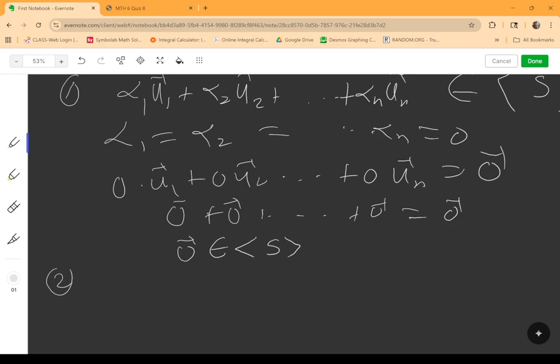Now let's show that it's closed, and this is actually a proof we have done in this class before. Let's show it's closed under vector addition.